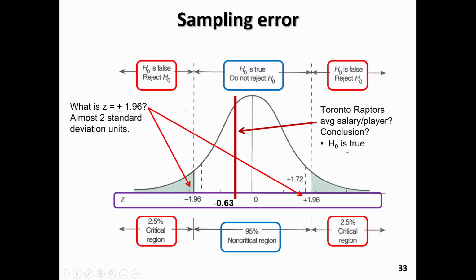We accept the null hypothesis, and by accepting the null hypothesis, we state that the average salary for the Toronto Raptors player is not significantly different than that of the entire National Basketball Association, despite the fact that the average values are different. That highlights the importance of the statistical equations incorporating the variability in the data as well.